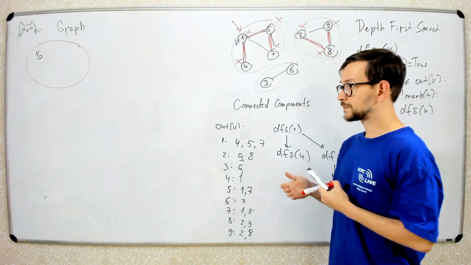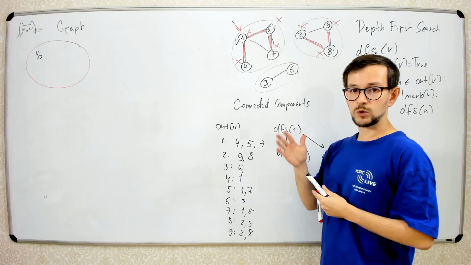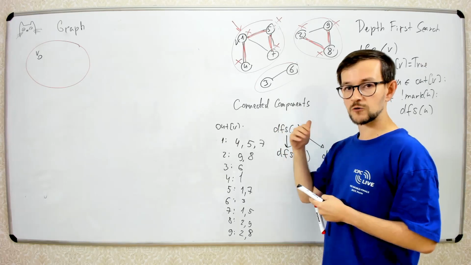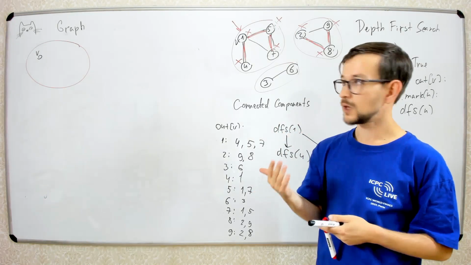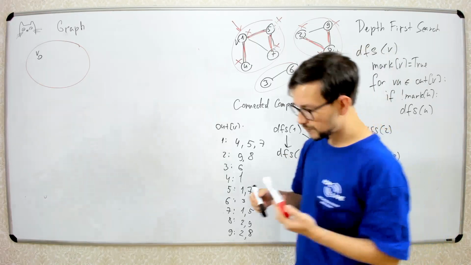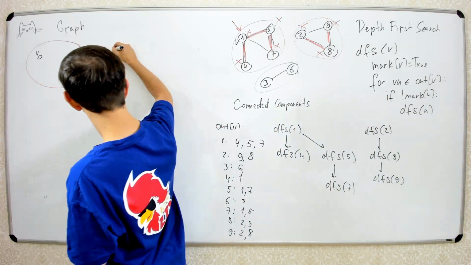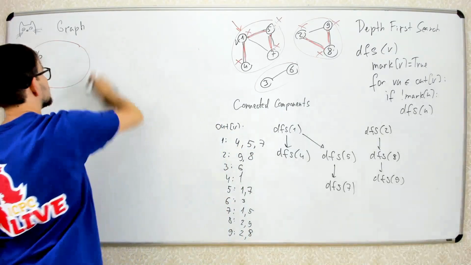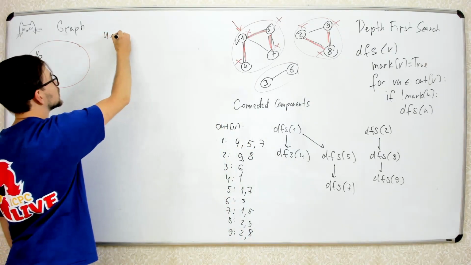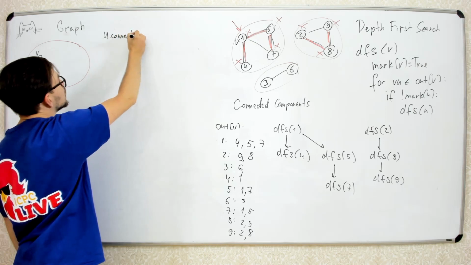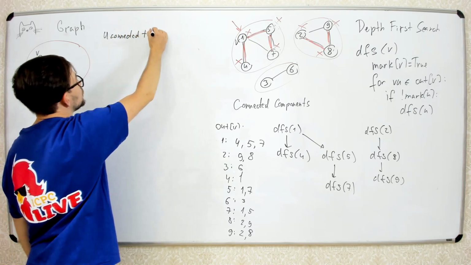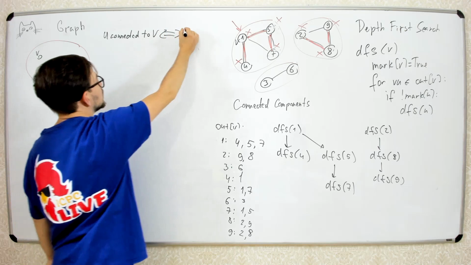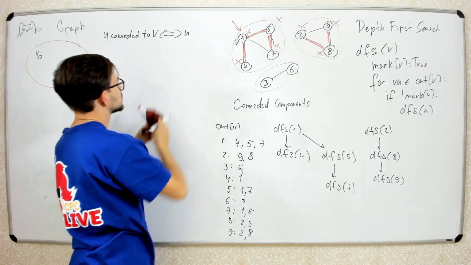First of all, let's prove that everything that will be marked by this algorithm is actually connected to node V. So I want to prove that if some node U is marked, then U is connected to V.